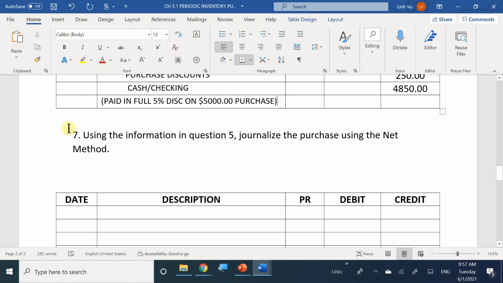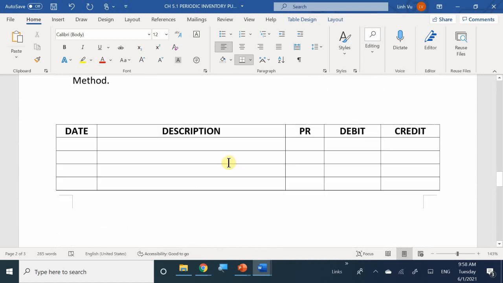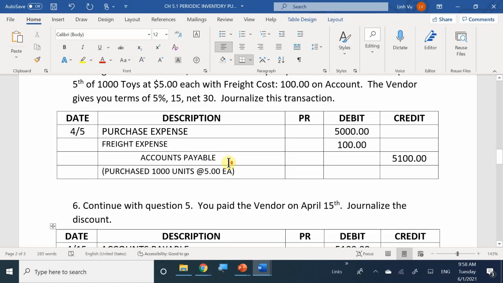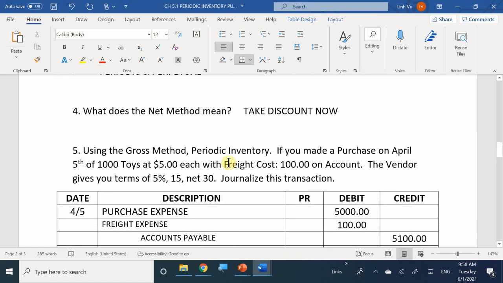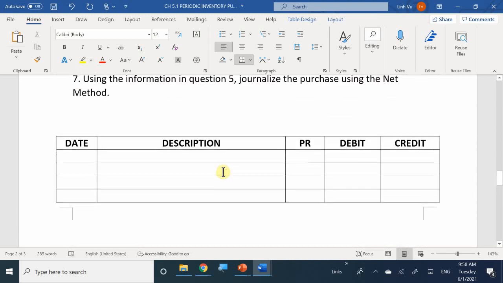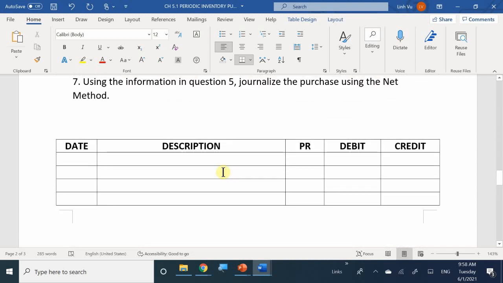Question number 7. It's going to say, using the information from question number 5, journalize the purchase using the net method. So we're going to go back and re-journalize scenario number 5, but instead of doing the gross method, we're doing the net method. So how would you record using the net method?